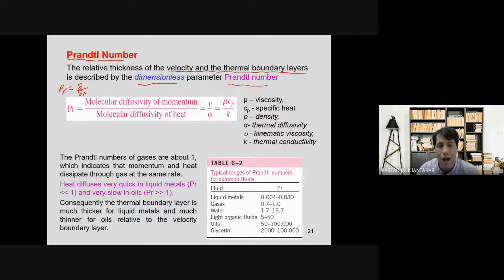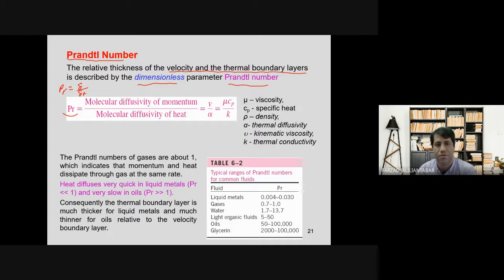And delta T is molecular diffusivity of heat: how heat or thermal energy is transferred from one molecule to the other molecule, and what is the speed or rate of it. In other words, momentum is transferred faster or heat is transferred faster. Based on this, we can define this Prandtl number.